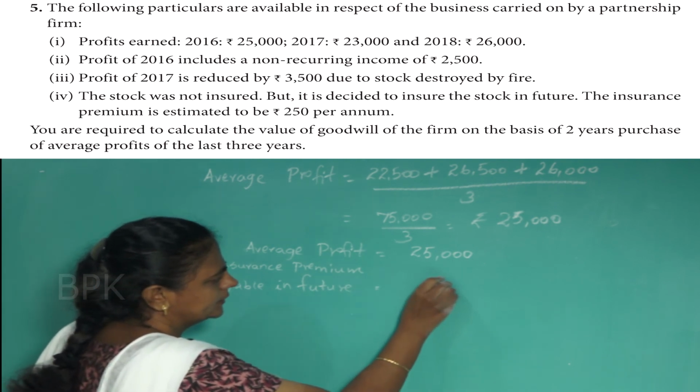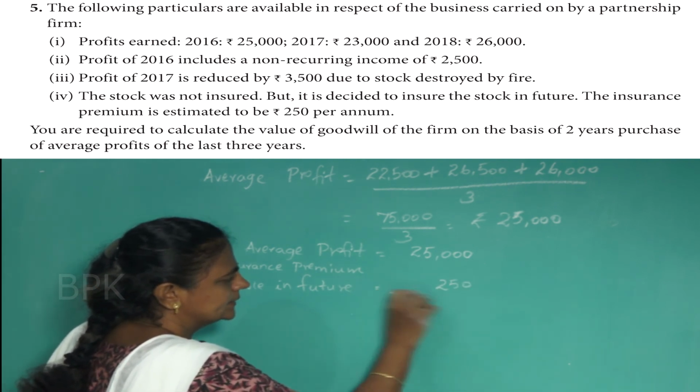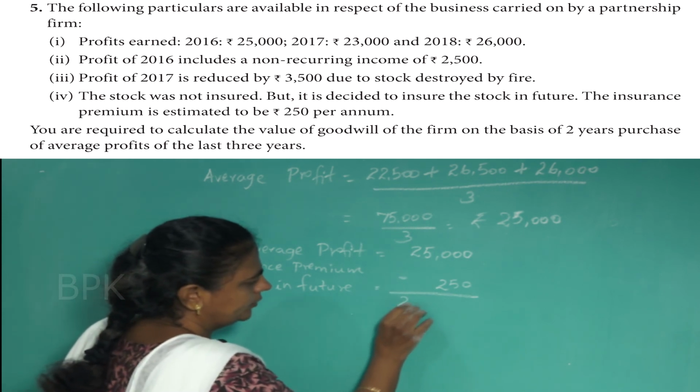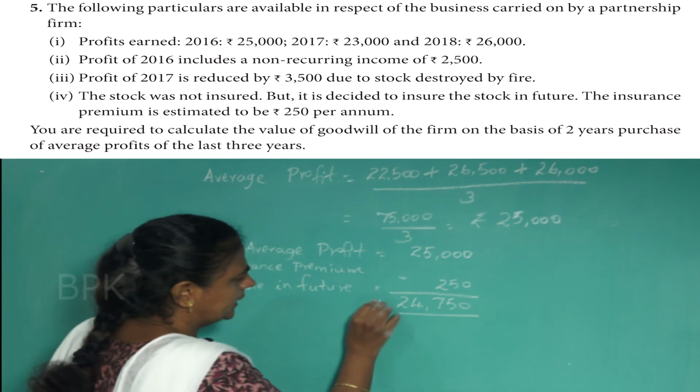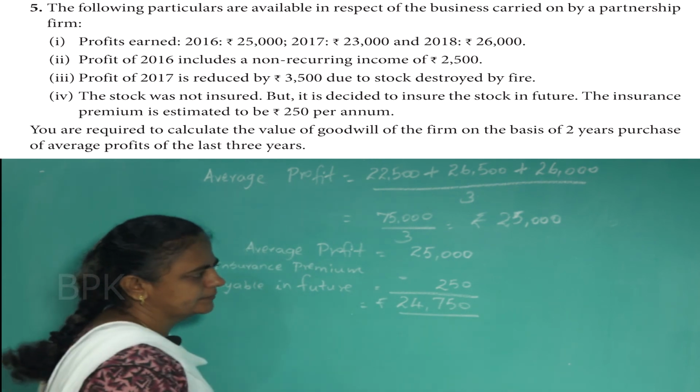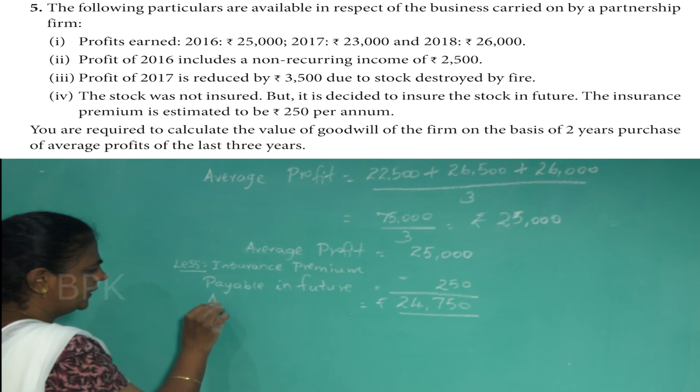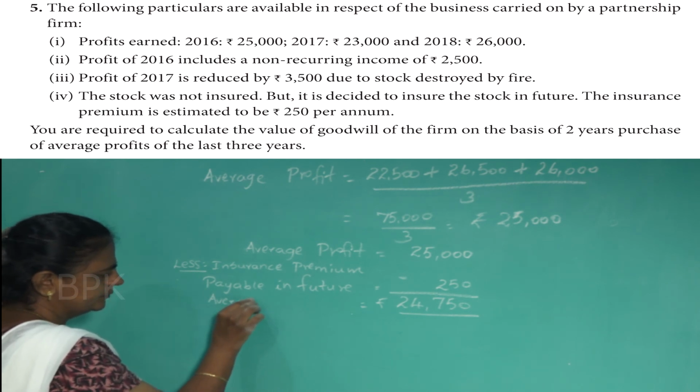That is given as 250 rupees, subtract, so you will be getting 24,750. This is your adjusted average profit.